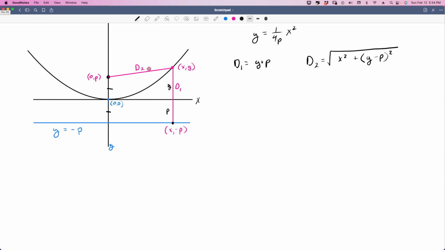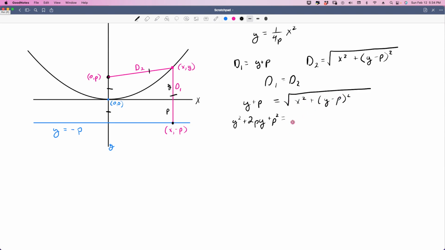So since we know that this distance is congruent to this distance, we can set them equal. d1 is equal to d2. So we can say y plus p is equal to the square root of x squared plus y minus p squared. Now we can just solve it. The first thing we're going to do is square everything to get rid of the radical. So when we square this side, we get y squared plus 2py plus p squared.